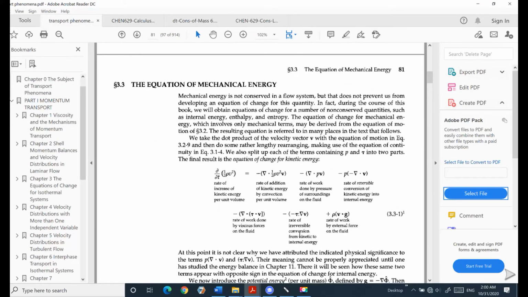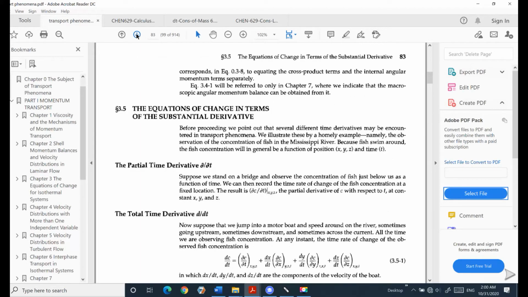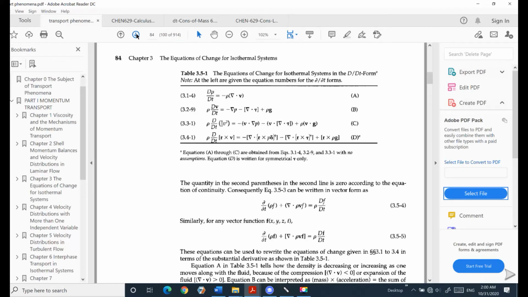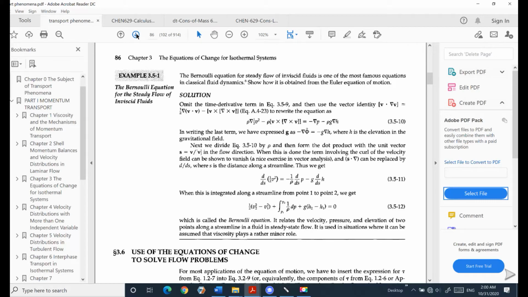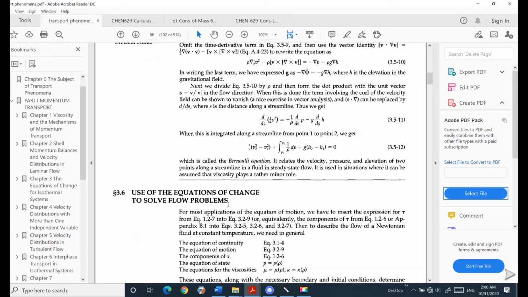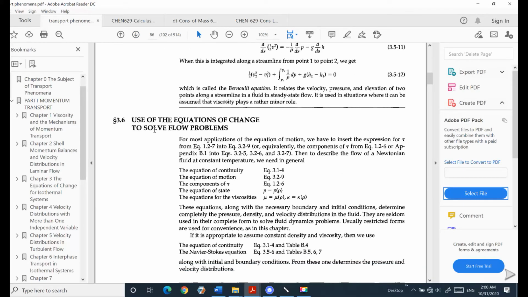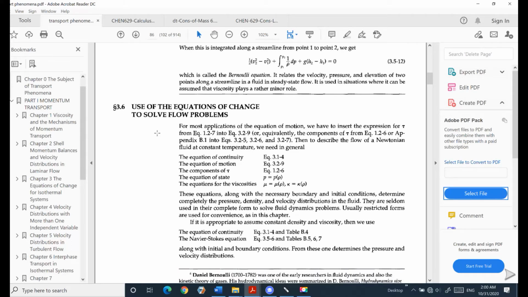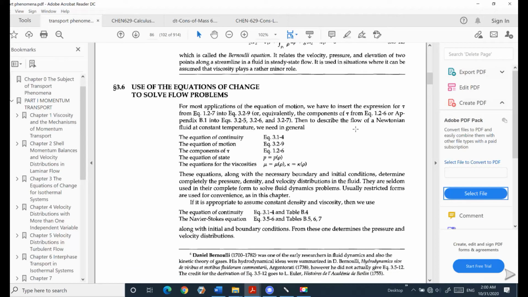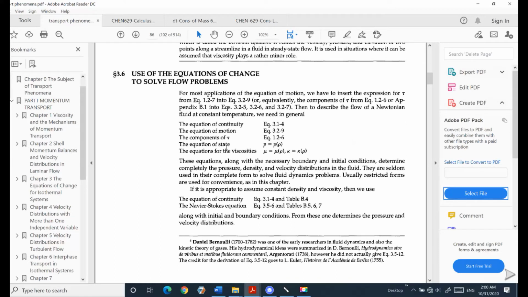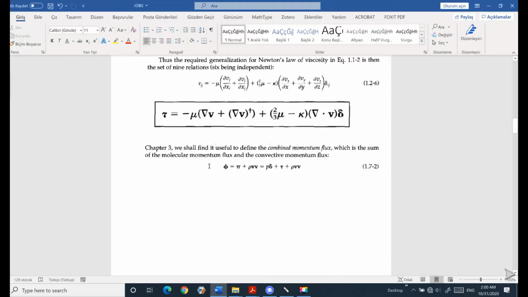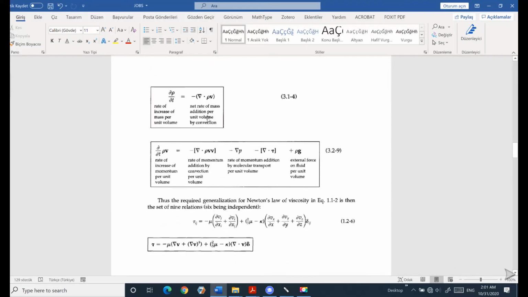So if you go to chapter 3, now in section 3.6, use of the equations of change to solve flow problems. Now it's time to apply all these derived equations to the solution of problems.